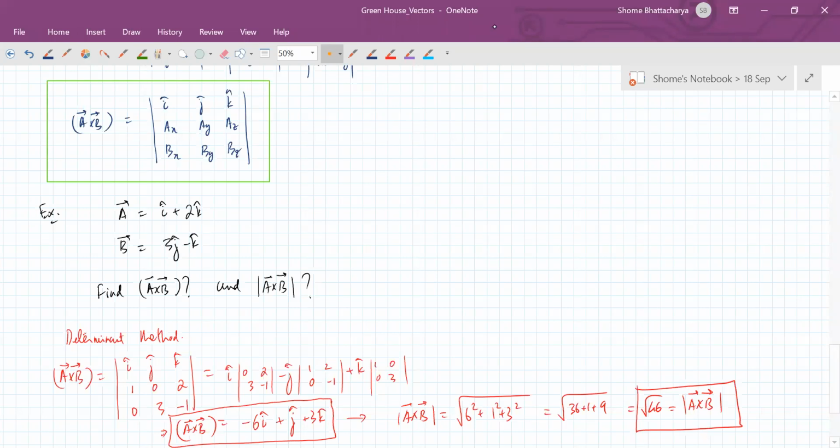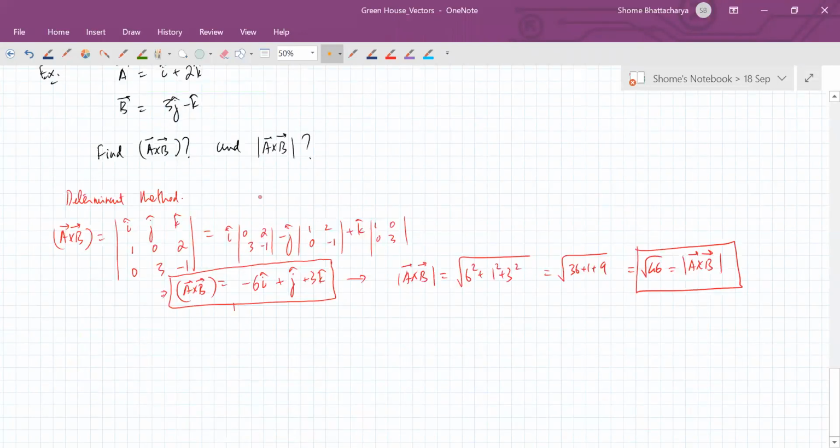Okay, so hope you are all getting the same value. Now there are two ways of verifying this. Okay, one is the property of this vector A cross B, it should be perpendicular to both vectors A and B. Okay, so therefore just check.